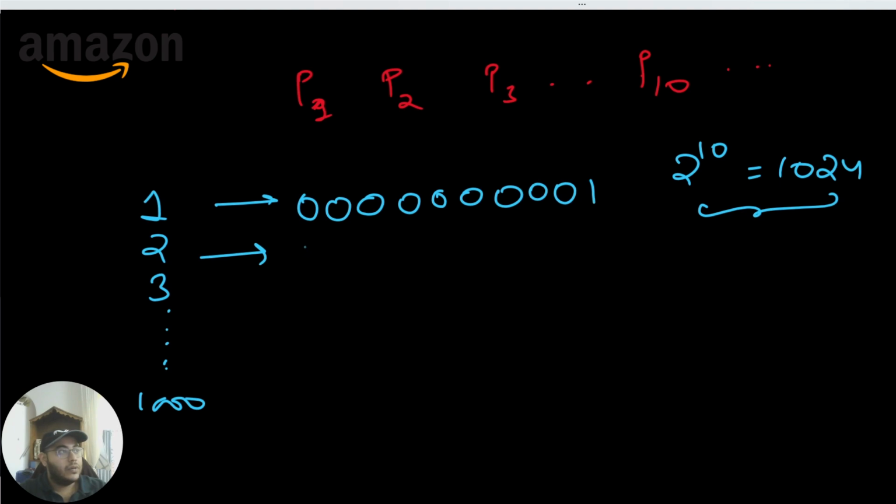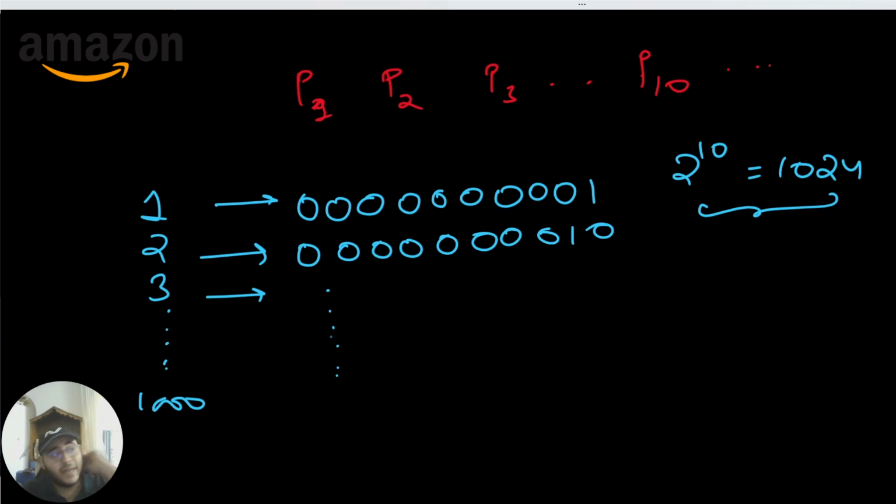It will look like 0, 0, 0, 0, 0, 0, 0, 0, 1, 0, and so on. We can write each number in the form of 10 bits. Now, what do these 10 bits represent? These 10 bits are going to represent our 10 prisoners.